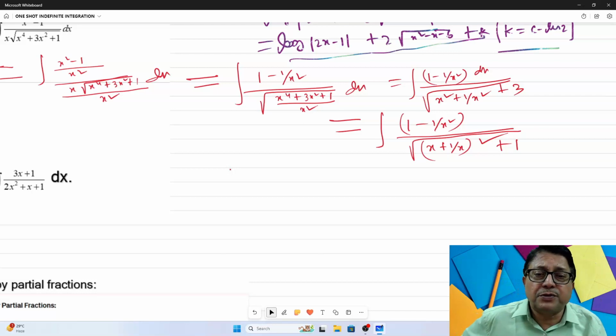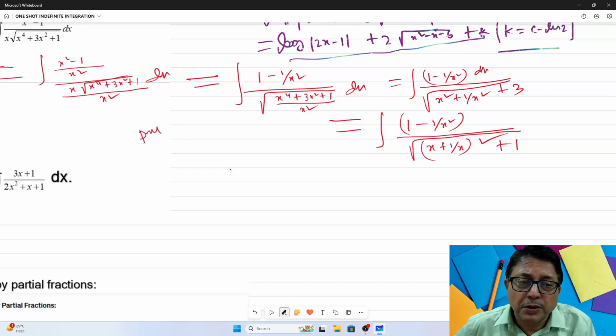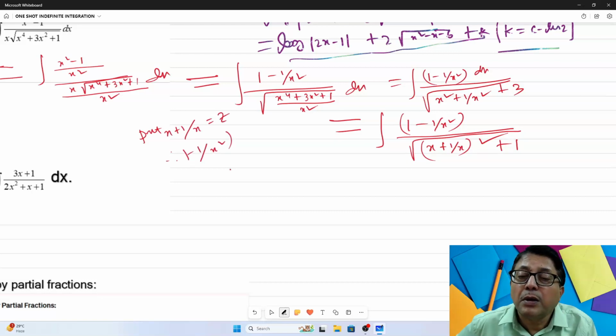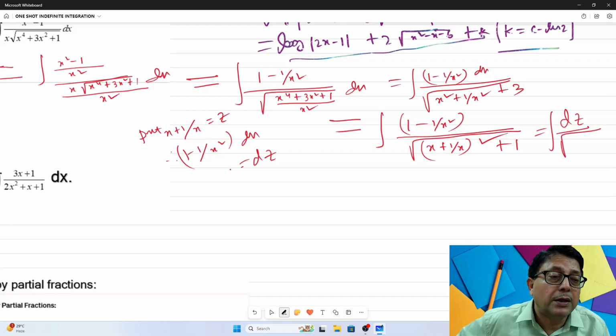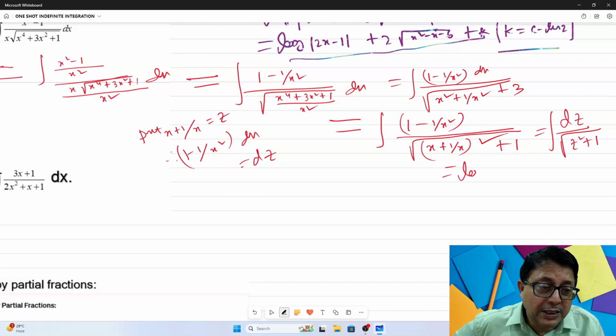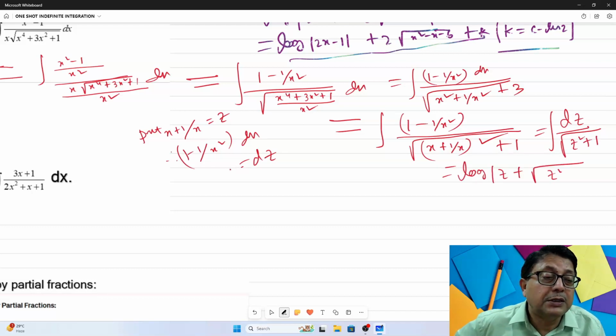Now make a substitution. Put z equal to x plus 1 by x, so this dx equal to dz. So this is dz by root over z square plus 1. This is nothing but log of z plus root over z square plus 1.